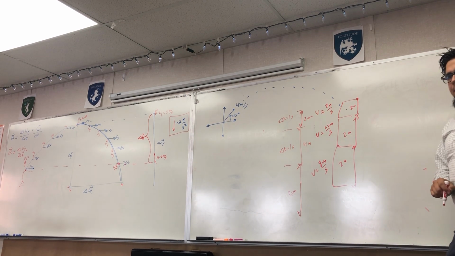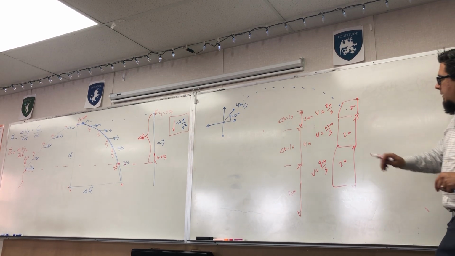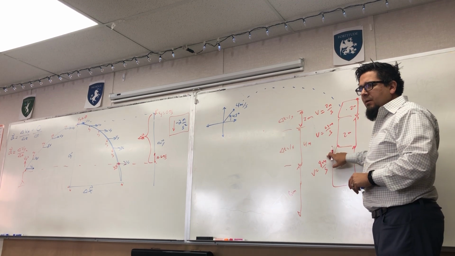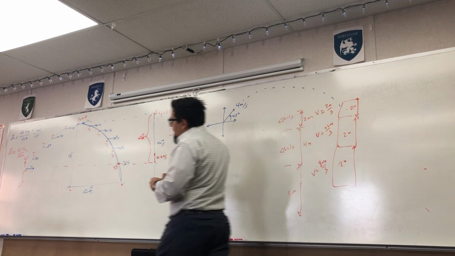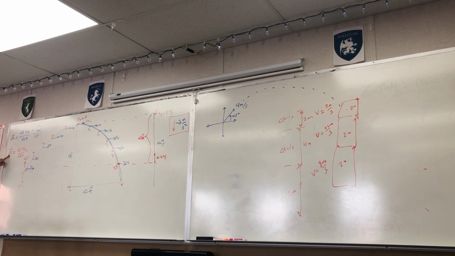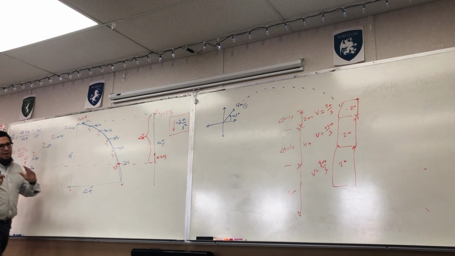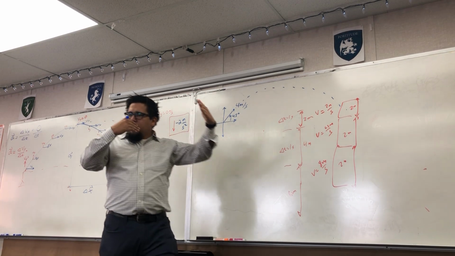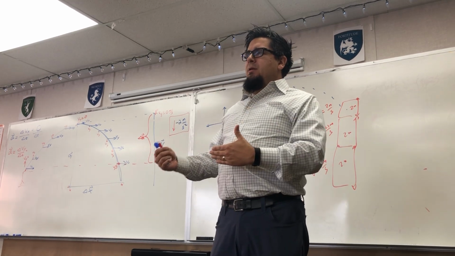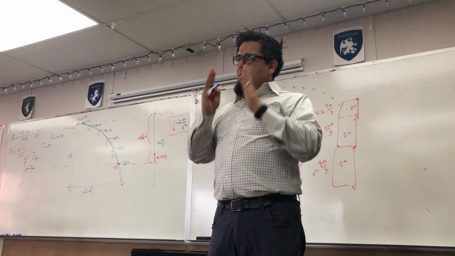Okay, so you see how I have a change in velocity? So a change in velocity over time is a constant acceleration. There's no change symbol in front of it. Your acceleration can change, but here, if every second I'm going the exact same amount faster than the last second, then you're accelerating at a constant rate.